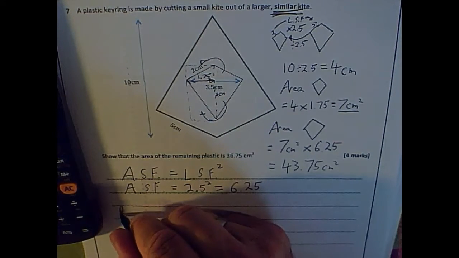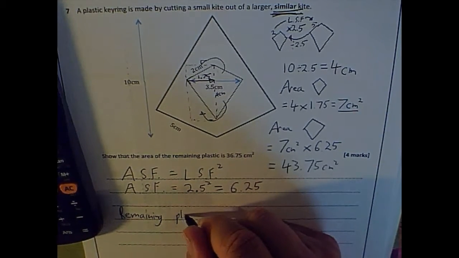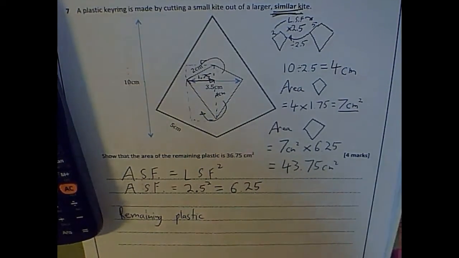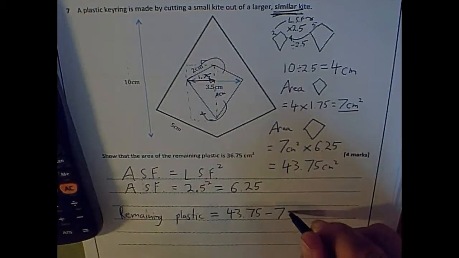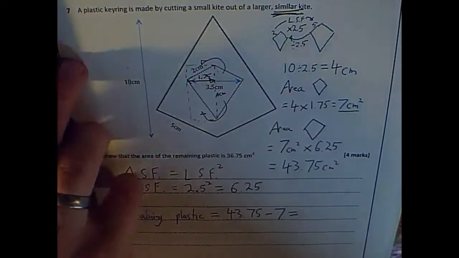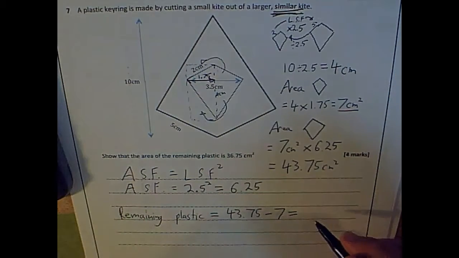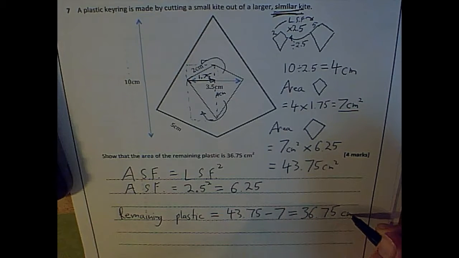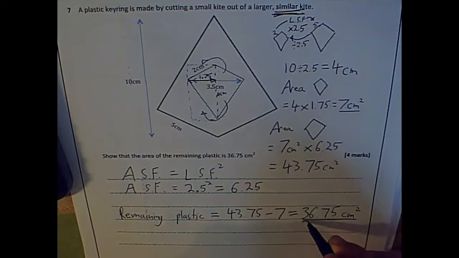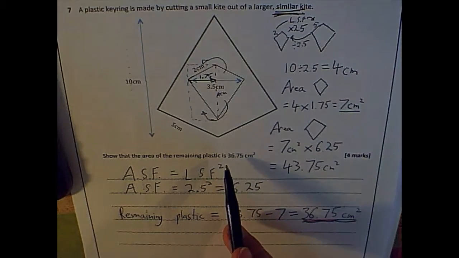So my remaining plastic equals 43.75 take away 7, which equals 36.75 centimeters squared. Well, that's it. We have shown what it has asked us to show here: that the area of the remaining plastic is this.